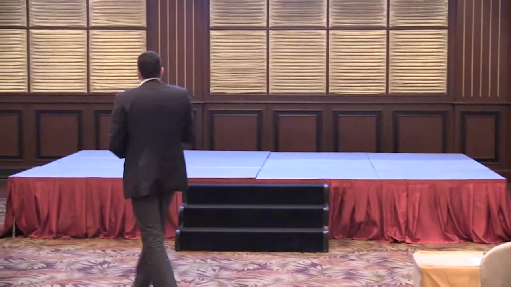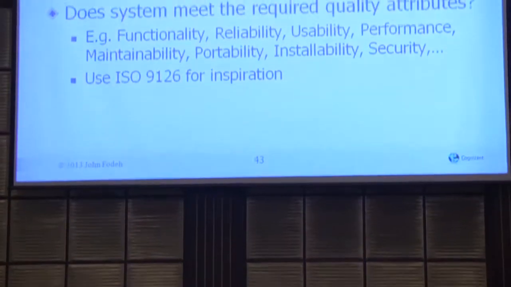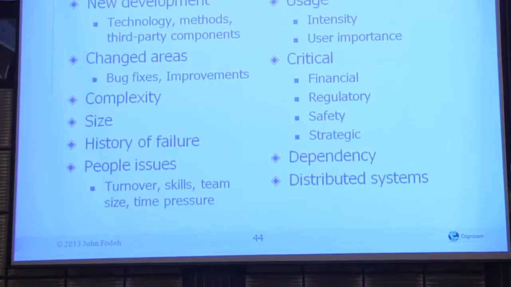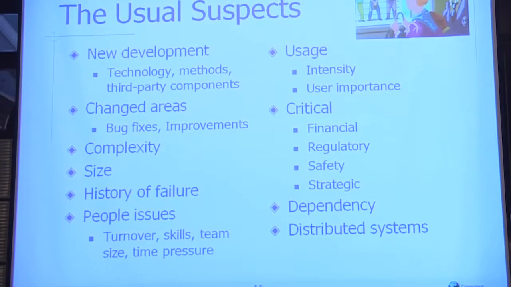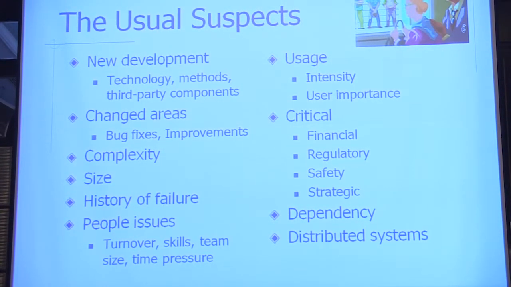So as mentioned, we have two approaches. One is the inside out, and we have the outside in. Typically, we know that there are things that usually go wrong in a project. What are these?